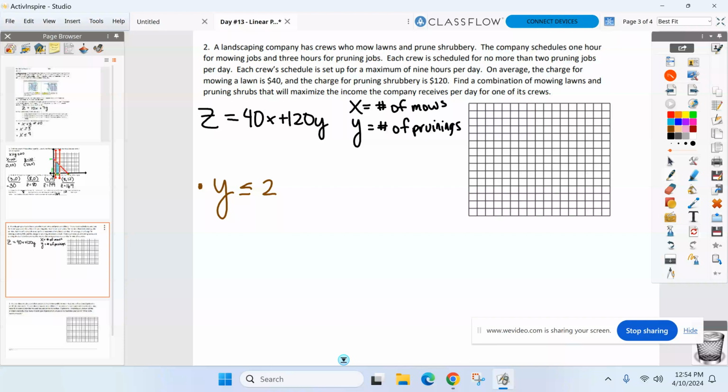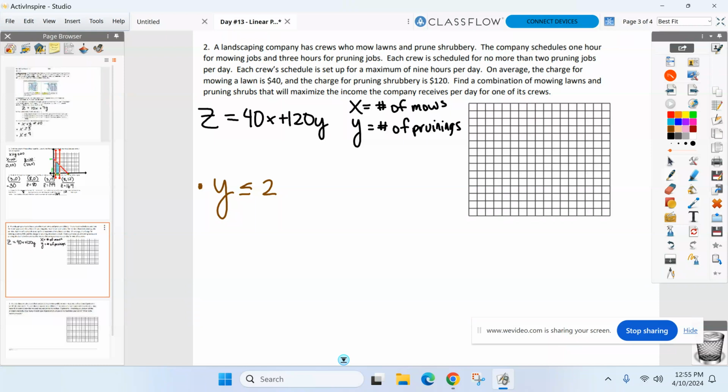And there's going to be one more inequality here, because what do you know about hours a day we work? Maximum of 9, right? But I do tell you how long it's going to take to mow a lawn and to prune a shrub. I just don't want to put x plus y less than 9, because that's the number of jobs we're doing. So how long does it take us to mow? 1 hour.